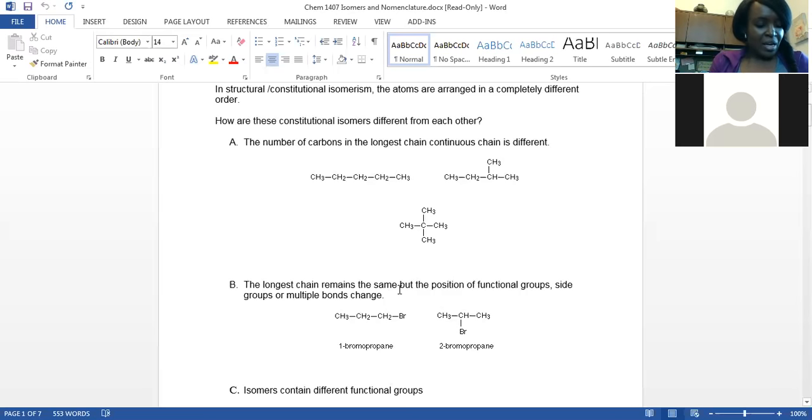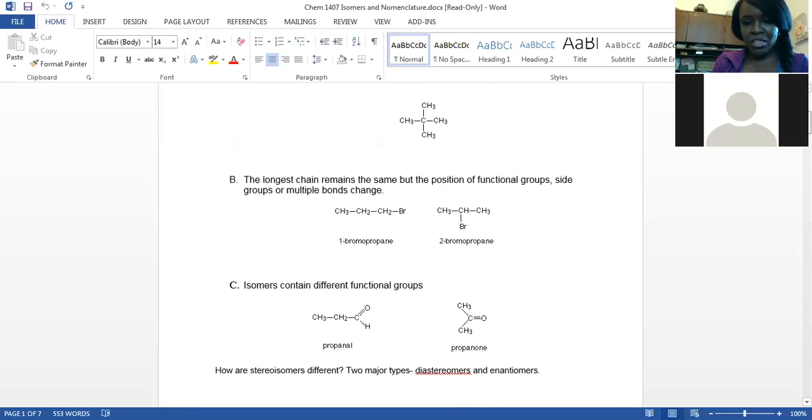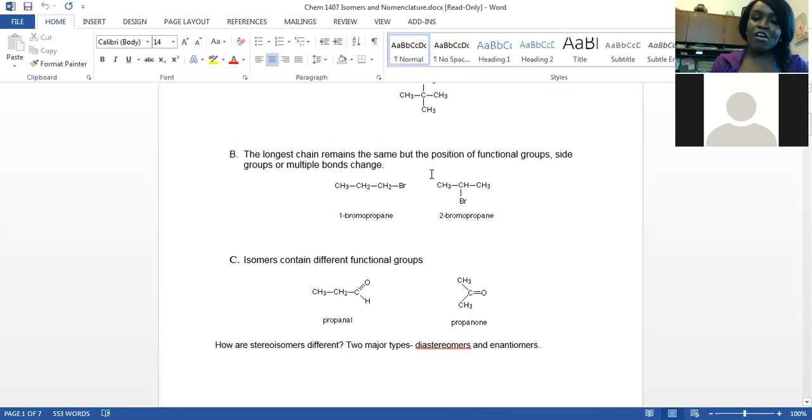Okay. And then when we look at B here, it shows you that sometimes you may have a functional group. In this chapter, you should have learned what a functional group is. The functional group tends to be a group of atoms that are heteroatoms. So these atoms will be non-carbon, non-hydrogen atoms, and they're grouped together in that organic compound.